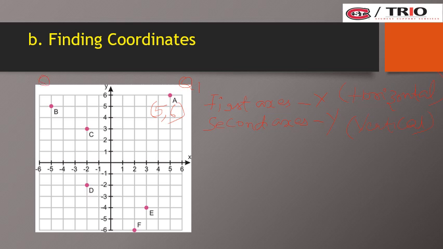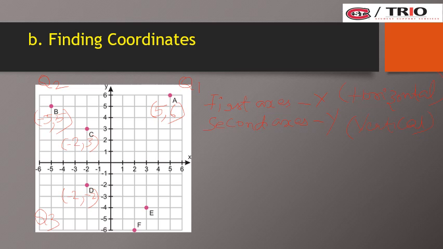For quadrant 2, we have point B plotted already. The x-axis value is -5, and the y-axis value is +5. For point C, the x value is -2 and the y value is 3. For point D, in quadrant 3, the x value is -2 and the y value is also -2.